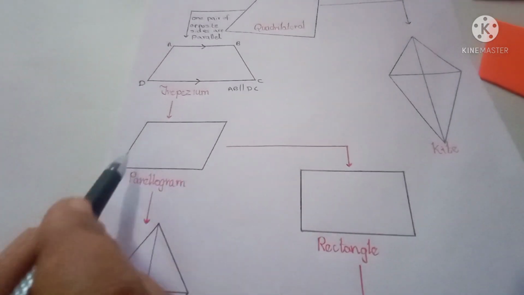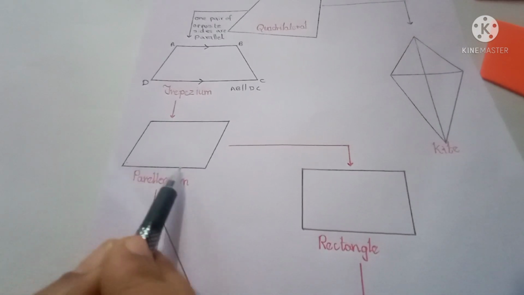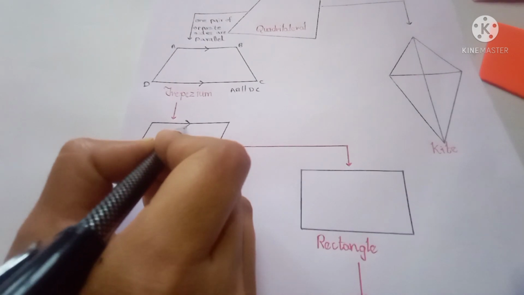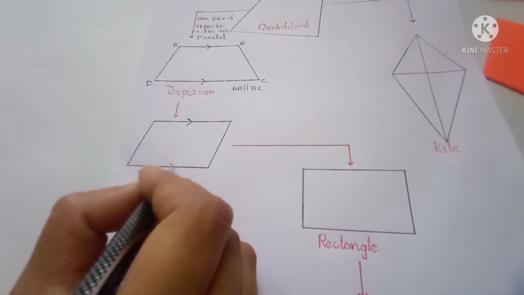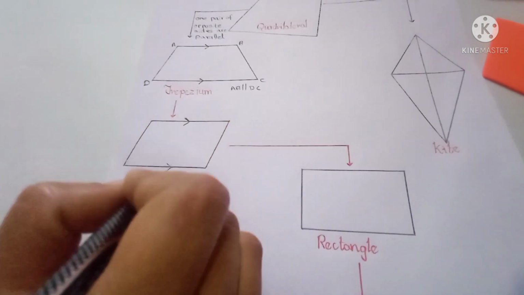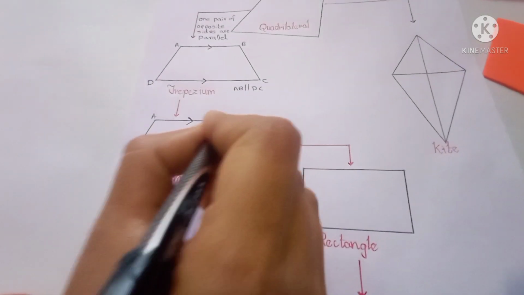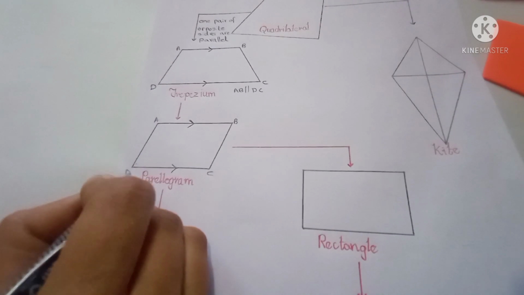This side will be parallel to this side. We use an arrow like this to show parallel sides. Name it A, B, C and D.